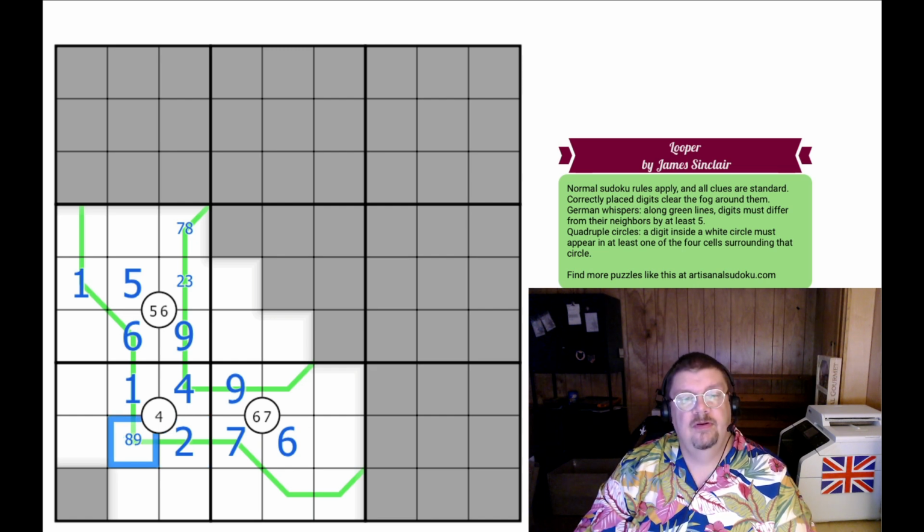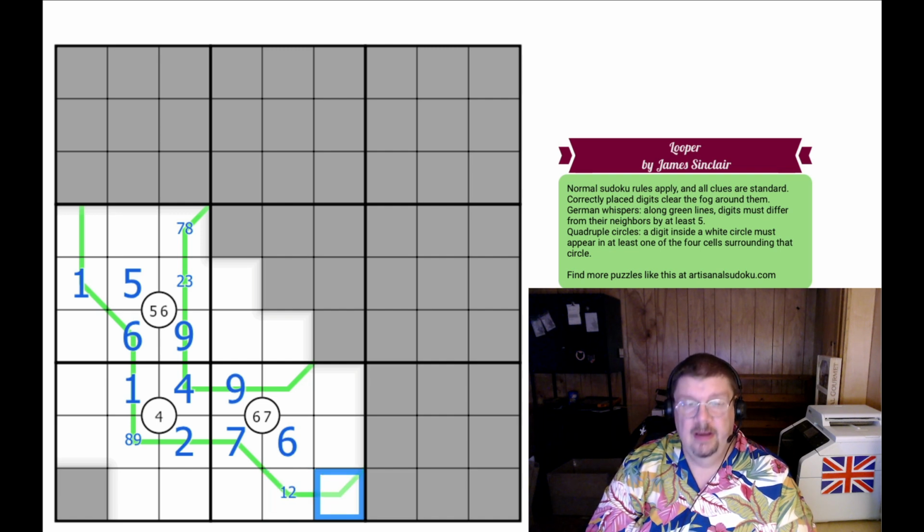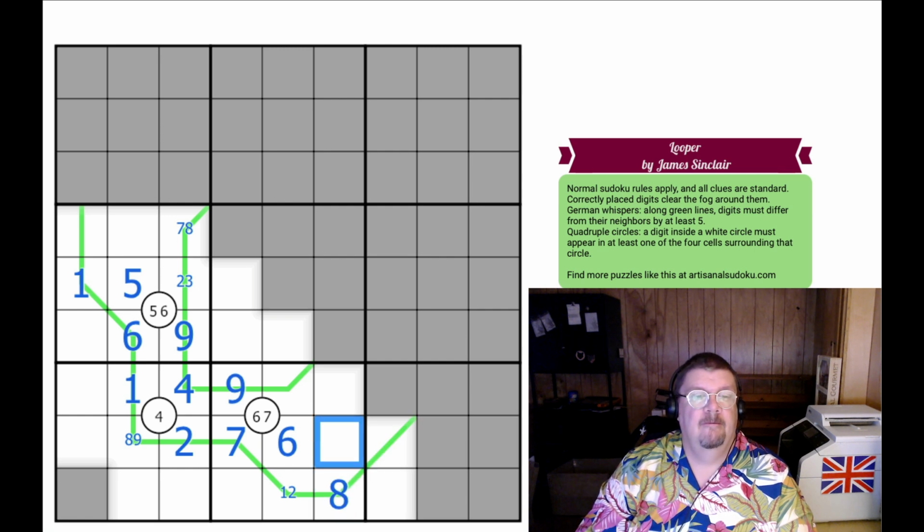That's no longer a 7 by Sudoku. This has to be a 1 or a 2. That has to be an 8 because it's the only high digit left. That must be a 1 or a 3. It can't be a 4, and I've got a 2 in the row. This digit must be a 2 or a 3 because I have a 1 and a 4 in the row.